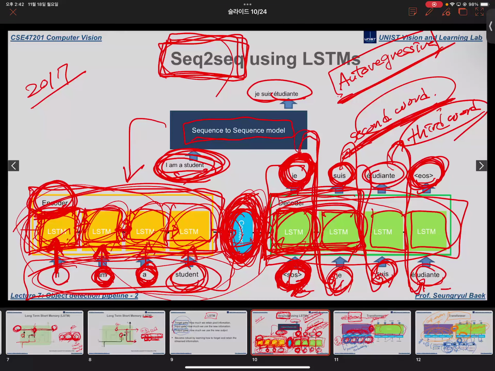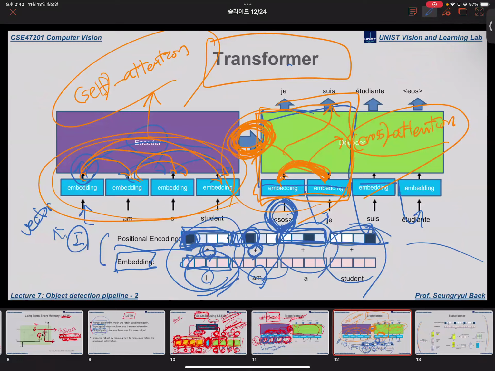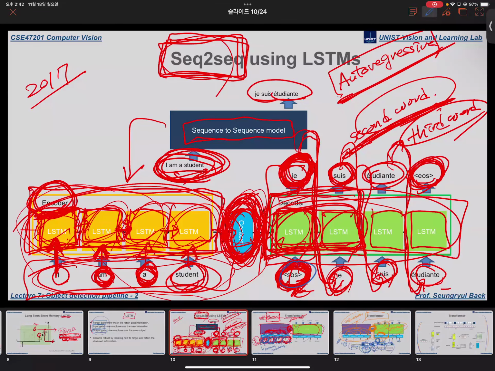If we are given these three inputs and want to predict the third output, the LSTM decoder encodes the first input first and propagates some information about the first input, combines it with the second input, and also propagates this context and inputs the third input, and then outputs the third output.